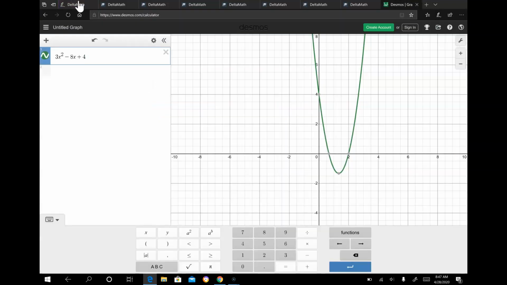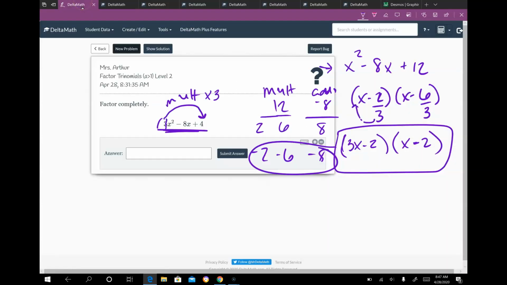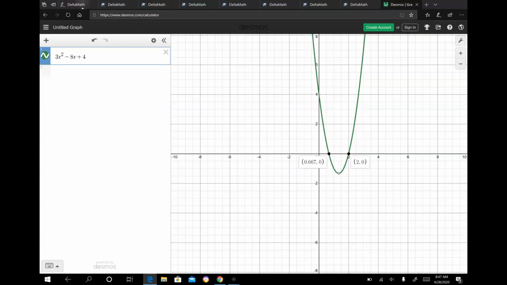All right, now, the only thing here is that you're going to have fractions. Desmos doesn't give you fractions, okay? So, I see that I got one to be x minus 2. Now, if you don't know your fractions and your decimals, you can always Google them too, okay? Especially with online learning and all that stuff. Or you can play around with your calculator. But this is negative 0.6 repeating.